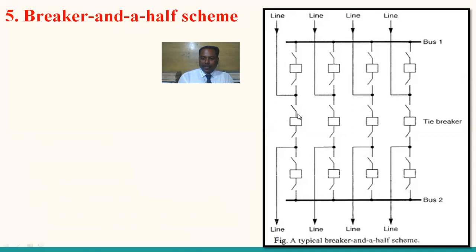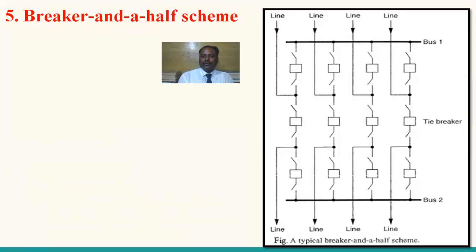This breaker can be partially working for this breaker and partially working for that breaker, so the operation can be shared by this scheme as well as that scheme. That's why this is 1.5. So this scheme is known as the 1.5 breaker scheme.